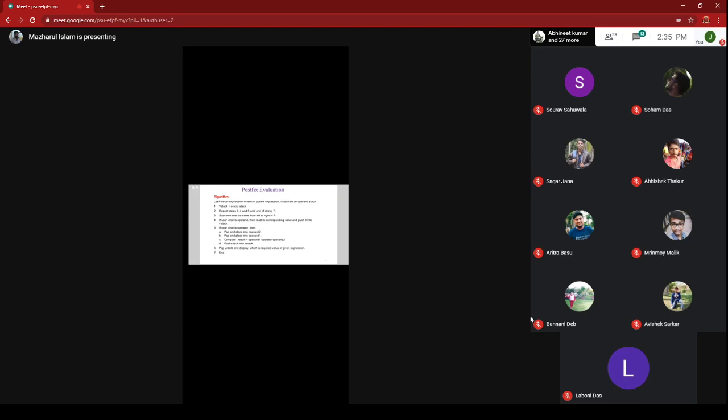The first top is 5, the second top is 1. The second top is operand 1, and the first top is operand 2. So 5 times 1 equals 5. This 5 is pushed back to the stack.